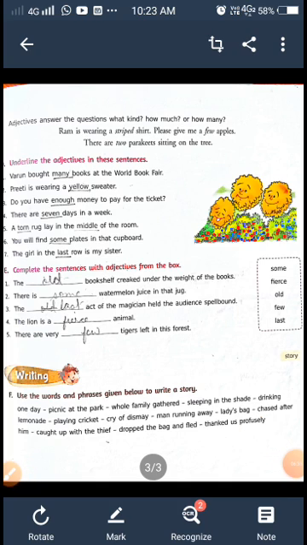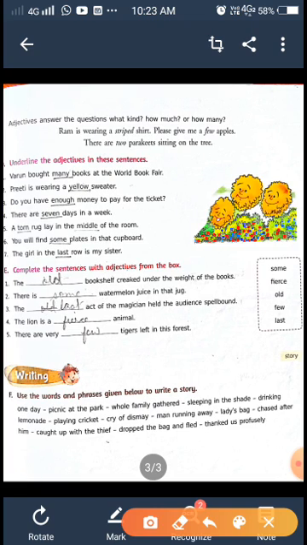Number D. Underline the adjective in these sentences. Adjective you have learned. Here it is given. Look here. Adjectives answer the question what kind, how much or how many.